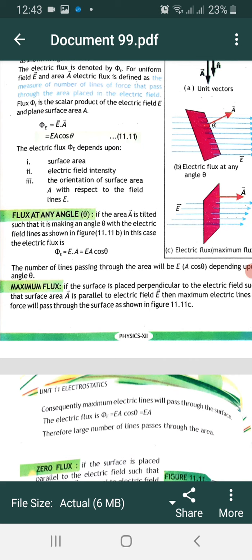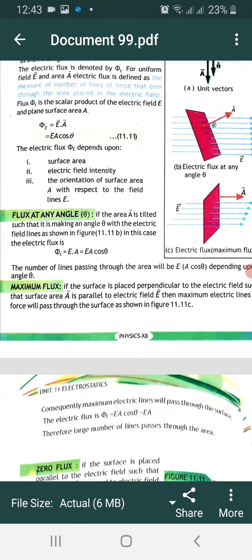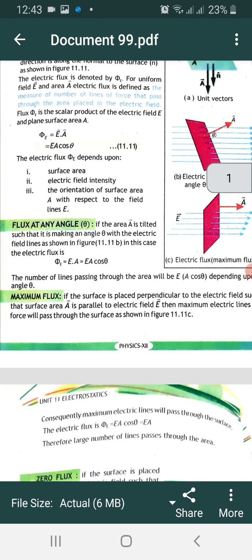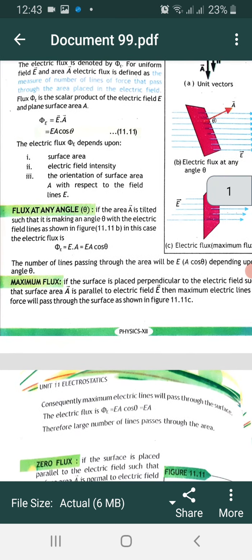So now the first case, maximum flux. By maximum flux I mean the situation where the number of field lines crossing the vector area is maximum. So in the first case, if the surface is placed perpendicular to the field such that the surface area vector is parallel to the electric field E, then the maximum electric lines of force will pass through the surface as shown in the figure.